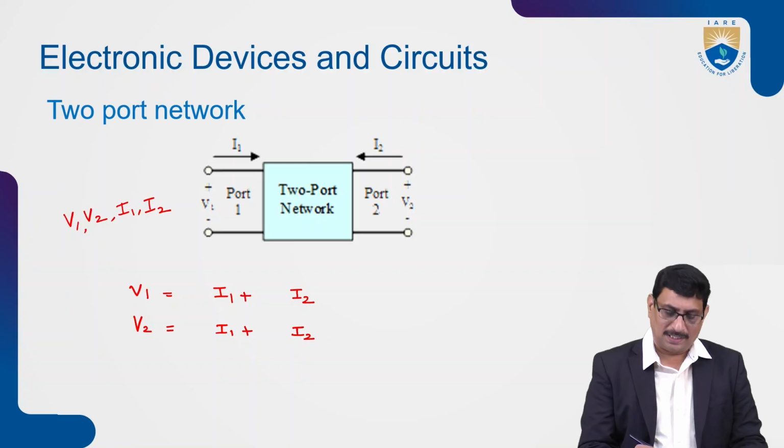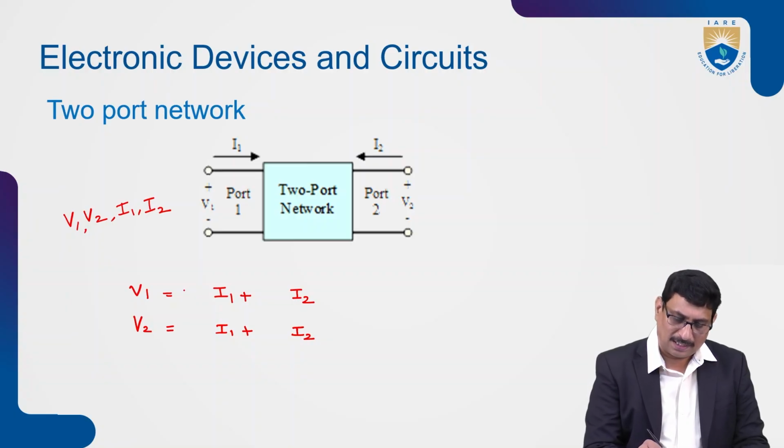If I assume like that, then the parameters are called Z parameters: Z11, Z12, Z21 and Z22.